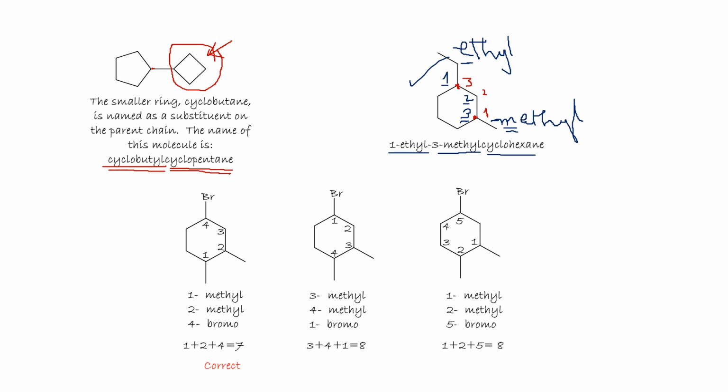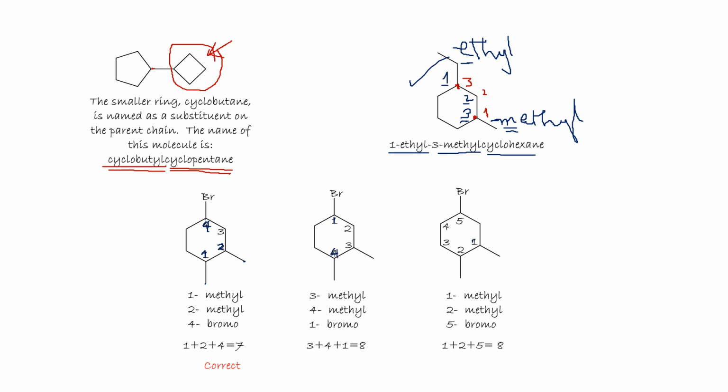Now, if you have a compound like this, with 2 methyls on 1 and 2, and on 4 you have a bromo. You can start from here 1, 2, 3, and this will be number 4. Or you start from here 1, 2, 3, 4.